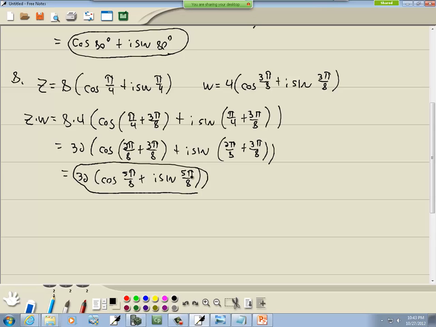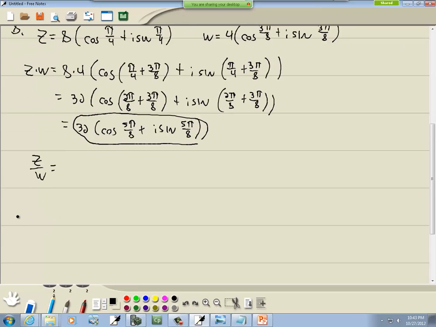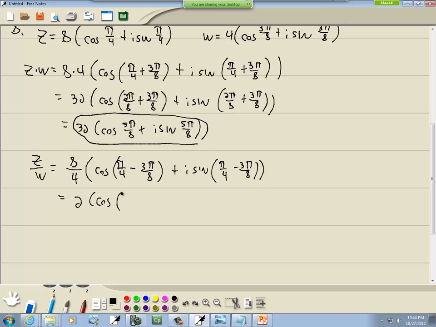And that's our answer. Well, let's look at division. We're going to divide our r's, so we'll do 8 divided by 4, and then we'll subtract our angles. So we've got cosine of pi over 4 minus 3 pi over 8, plus i sine of pi over 4 minus 3 pi over 8. So that gives us 2, and then I have to get a common denominator again, which would be 8.